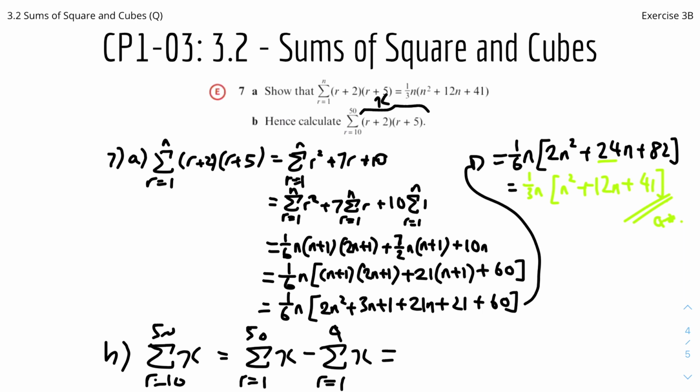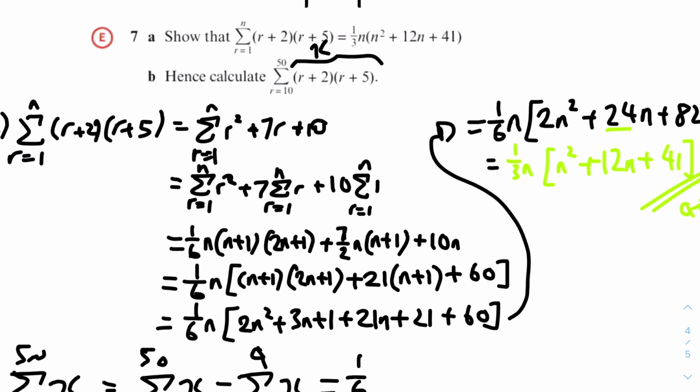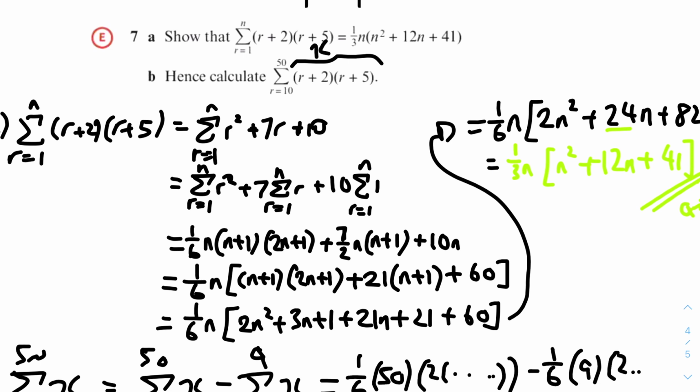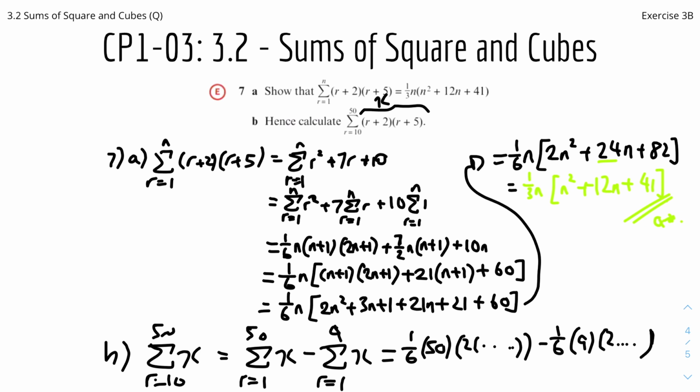And now we just have to substitute n by 50 for this one right here, and n by 9 in this case. So it'll be 1 over 6 times 50 times 2 times 50 and so on, which I will run it all out, minus 1 over 6 times 9 times 2 times and so on, and I will run it all out because it will take too much space.